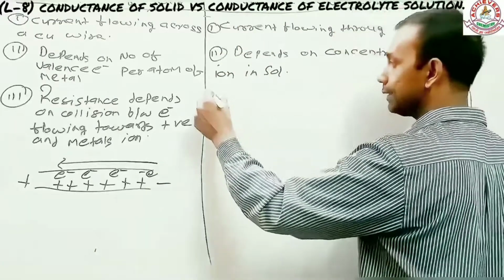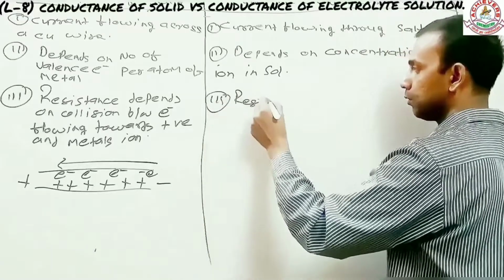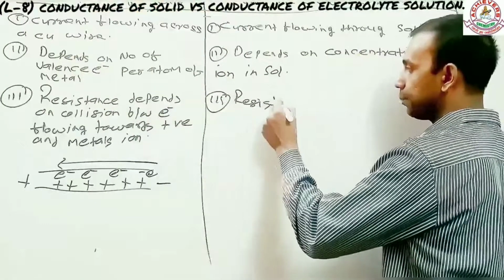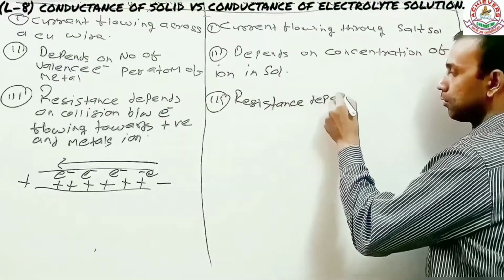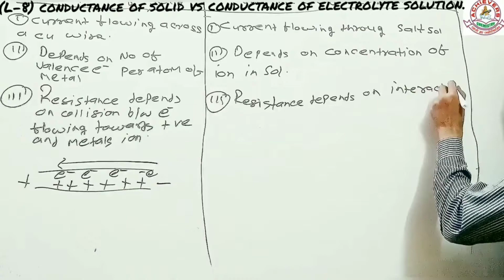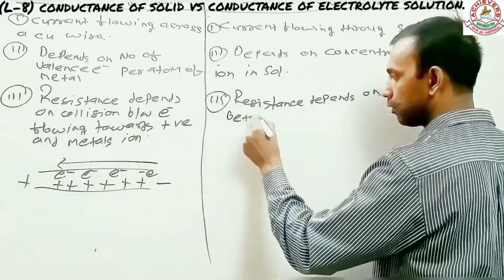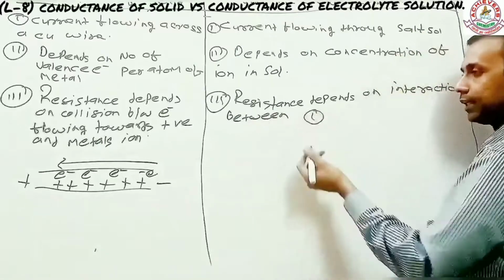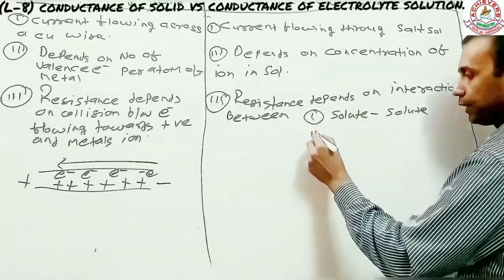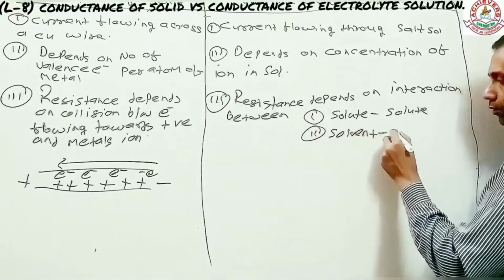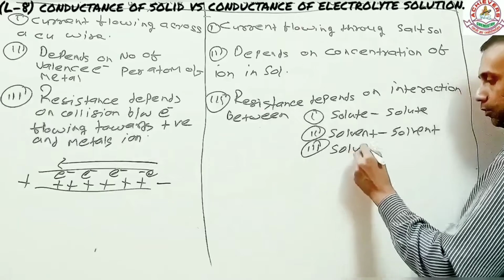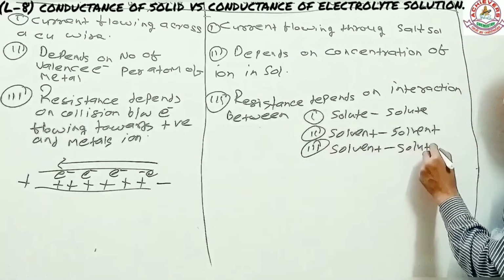What happened here? Resistance depends on interaction between, there are three types of interaction actually in a solution: solute-solute, the second one is solvent-solvent, third is solvent-solute.